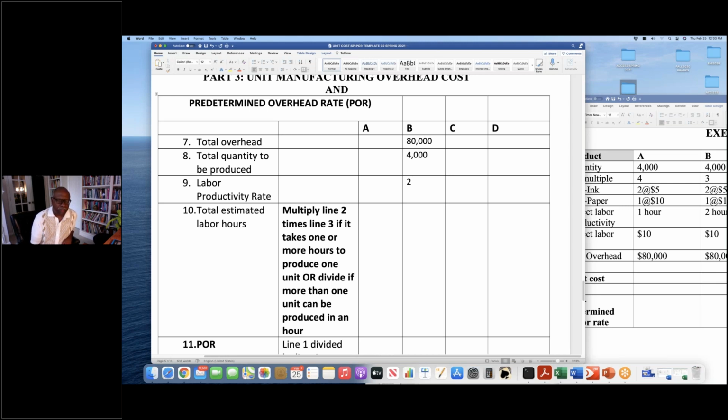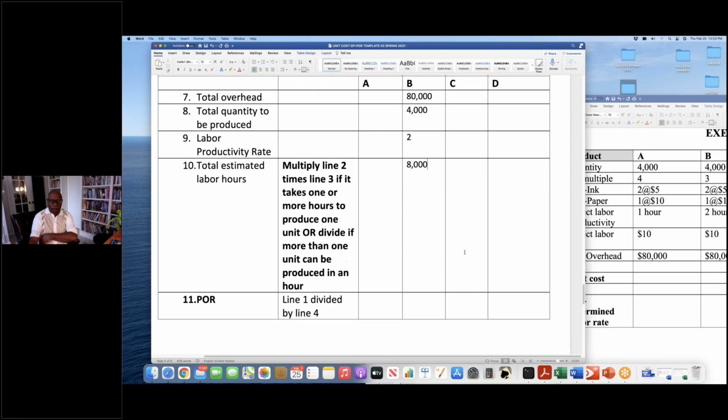So it takes 2 hours to make it. So what's our total hours going to be? 8,000. What's our POR? 10. So our POR is 10.